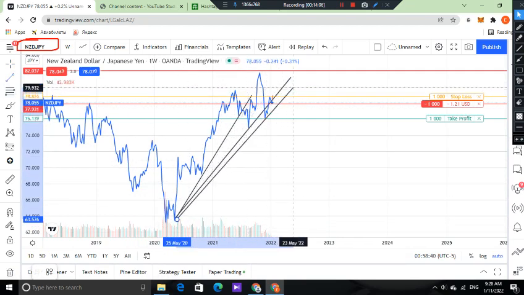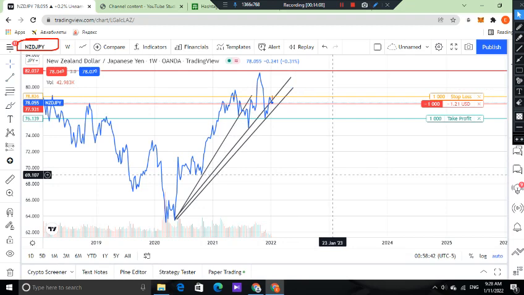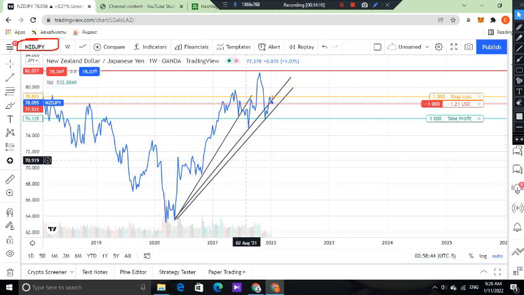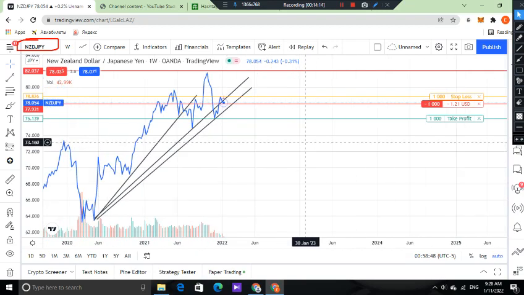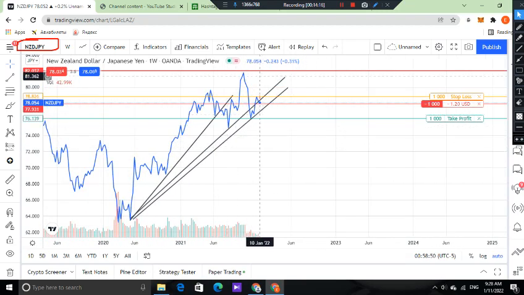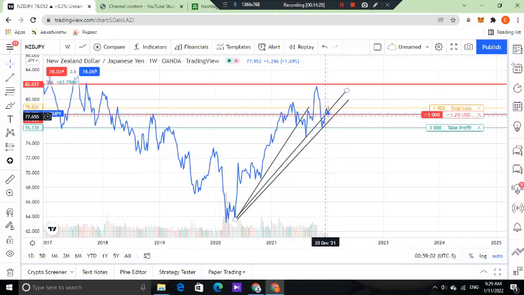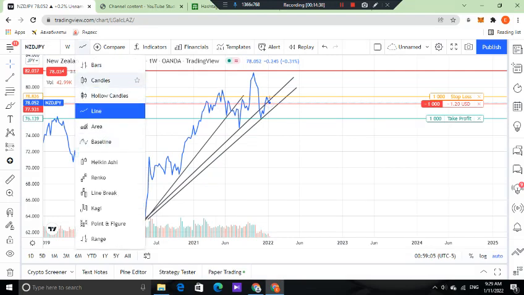And sometimes you can draw more than one single trend line. As long as you have higher bottoms, you can consider different uptrends, like this one.